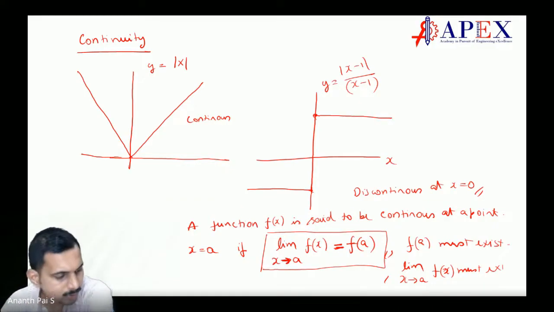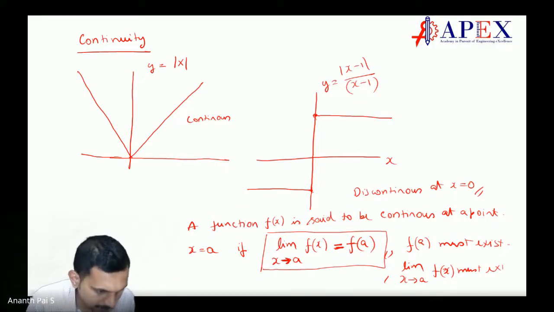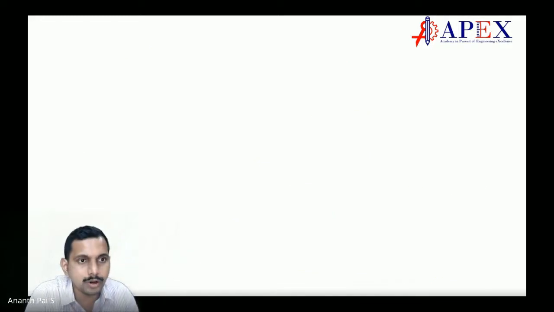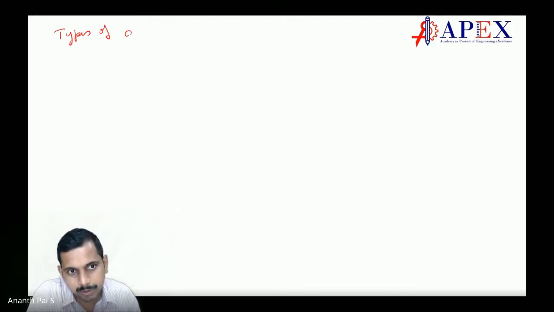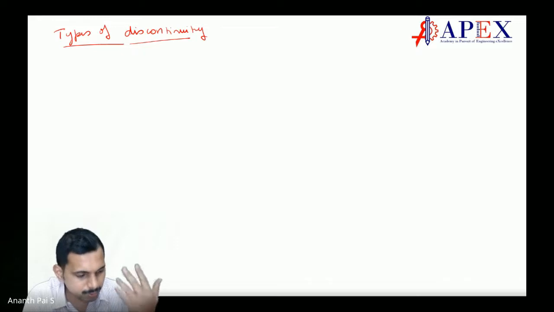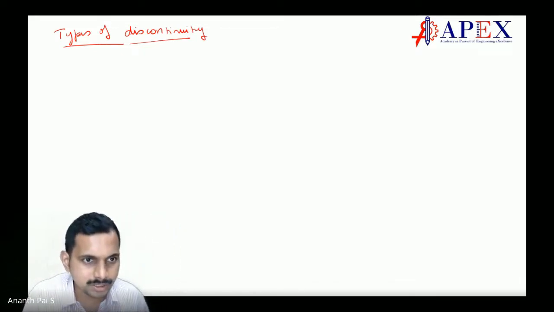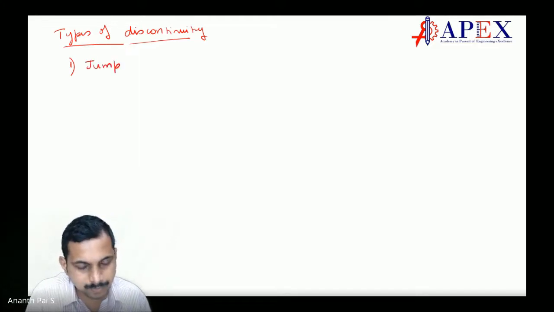Now let us see what are the different types of discontinuity. First one is called discontinuity of the first kind. The types of discontinuity. It seems difficult, students, but it's very easy, in fact. For me it used to feel difficult, but now it is okay. First one is jump discontinuity.